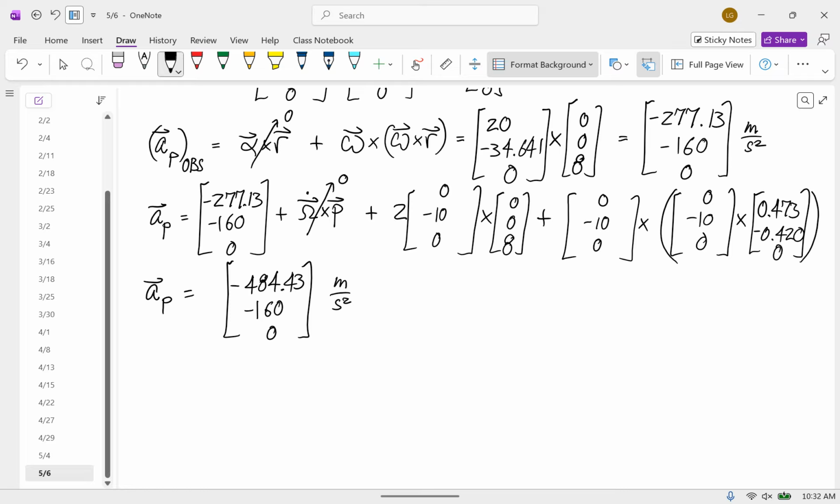Then you could break up the acceleration vector into a part that's parallel to the velocity and a part that's perpendicular.